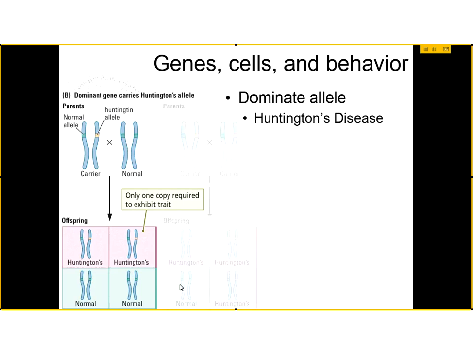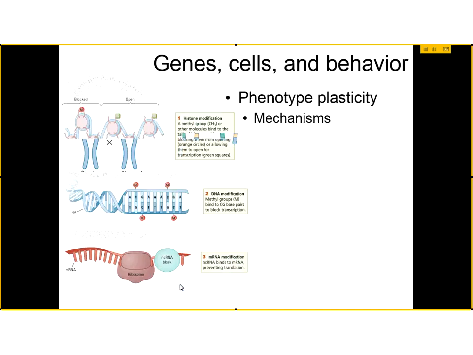Now what we want to turn to is this idea of phenotype plasticity. And this is really getting into the idea of epigenetics, this idea that there can be changes in the DNA that can influence the expression or the phenotype of the individual.